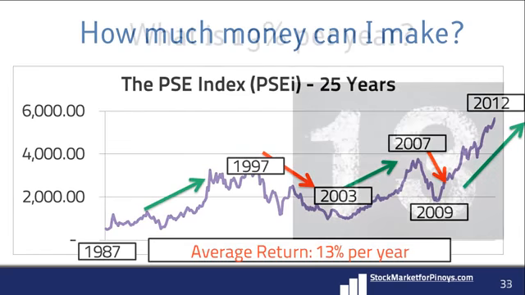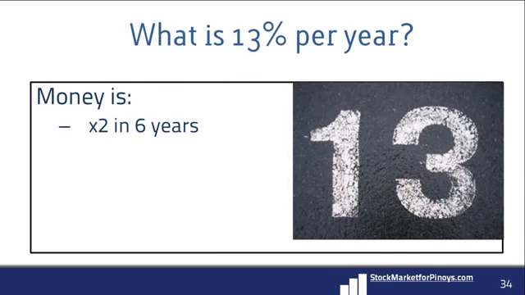Because 13% is so much higher than what you can get from bank deposits and savings accounts. It's a lot higher than what you can get from retail treasury bonds, which are just around 5% per year. And it's much higher than what you can get with pre-need plans. Relating this to our first video, the 13% is so much higher than our inflation rate, which has been averaging only at 5.5%. So the stock market also beats inflation.